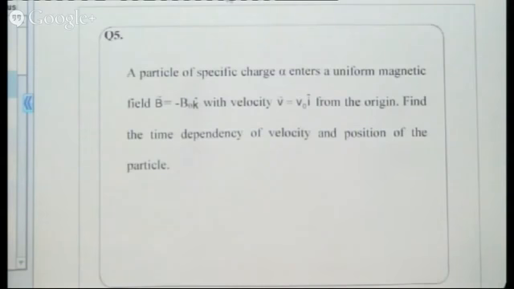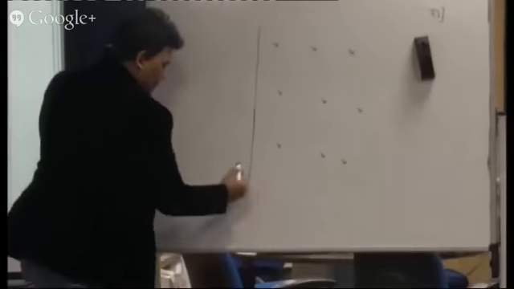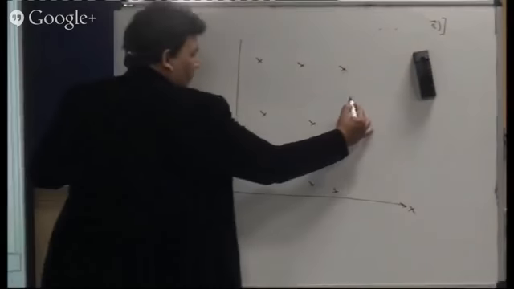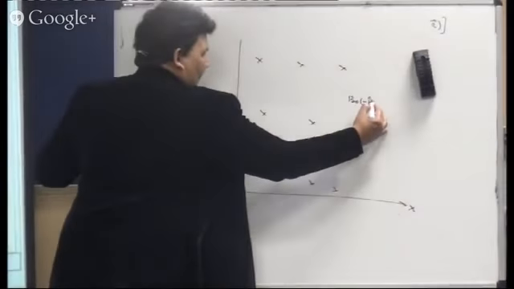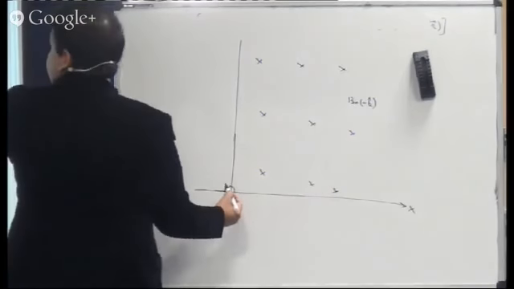Let me create the graphical situation for you to make this easier. X-axis. V naught minus k cap, and the charged particle is a positive charge.